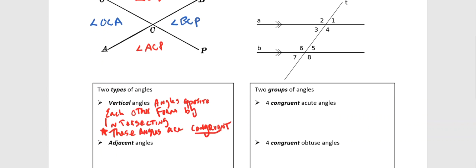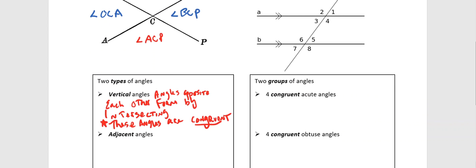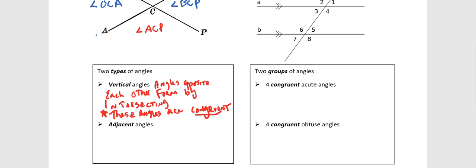Now, there's also another series of angles that show up in this diagram, and those are called adjacent angles, okay? Those are angles sharing a side. Angles that share a side formed by intersecting lines.